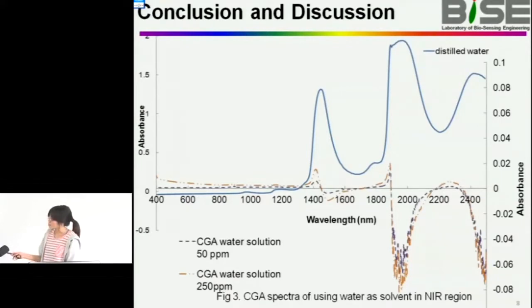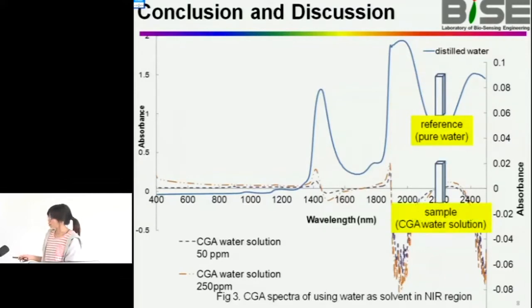We can see that water absorption is more than 1.5, and the CGA absorption is just 0.02. So compared to the reference pure water, our sample CGA water solution contains less water, so the absorption of the sample is lower than the reference. Then the spectrum becomes negative.